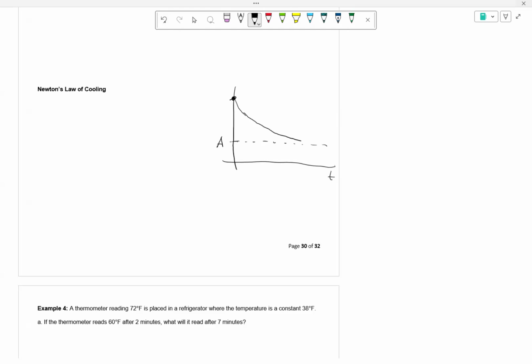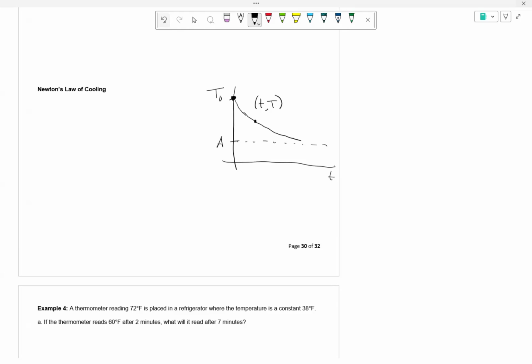Let's say that a point on the graph is little t, however much time has passed, and big T is the temperature. So big T is a variable, little t is a variable. What should we call this right here? T naught. T naught right there.